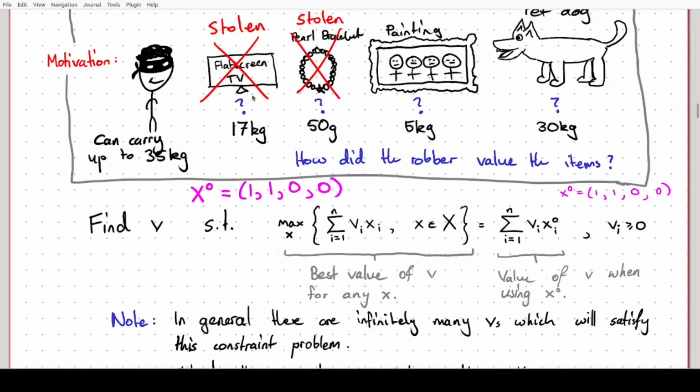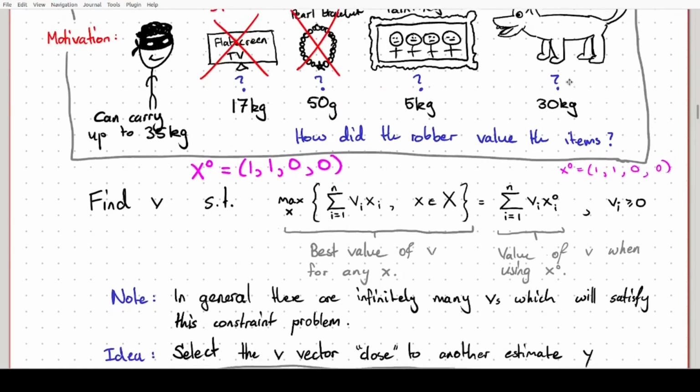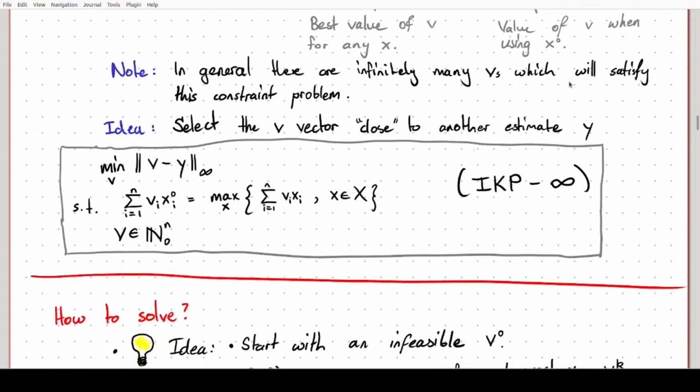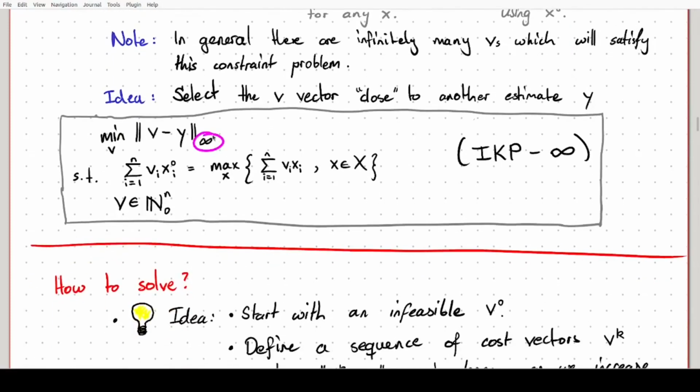So say we have some price estimate y for the different items, and we're going to select a value vector that is close under the infinity norm to that estimate. I'll just write what this infinity norm is. It's the max over all i of |vi - yi|. So it's the maximum divergence between these two vectors.